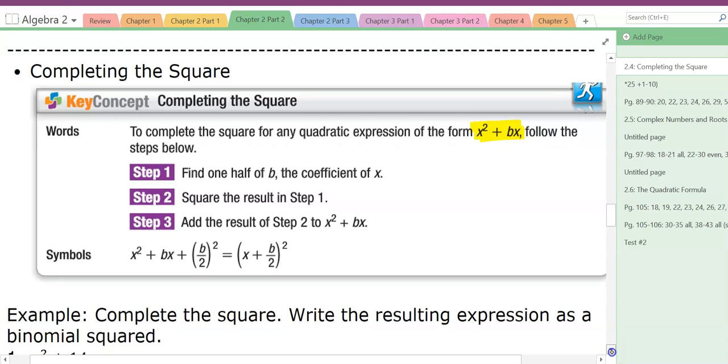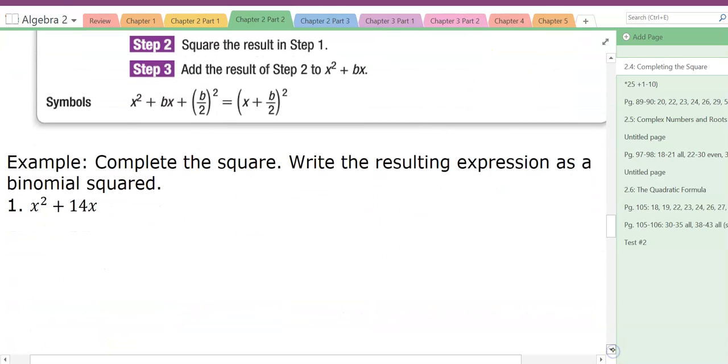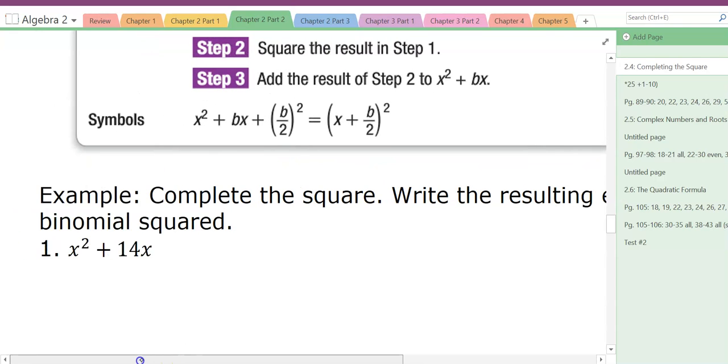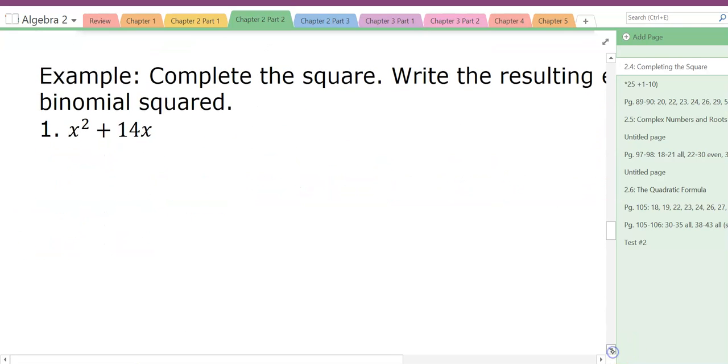So what we're going to do first is not work on solving this one. I just want us to write out what we would do to complete the square here. They want us to write this at the very end as a binomial squared. Right now we have x squared plus 14x. First of all, 14 is your b term, because that's sitting in front of the x.